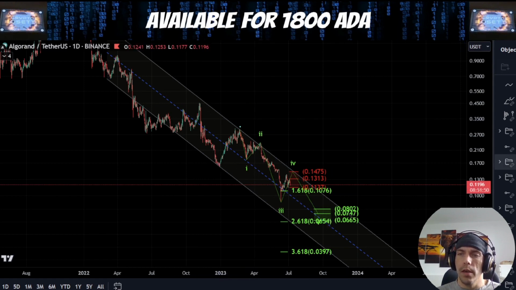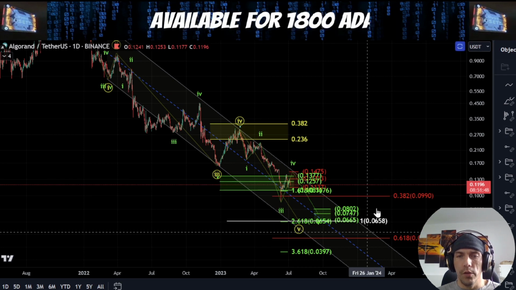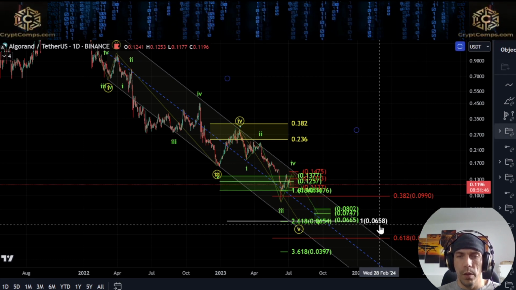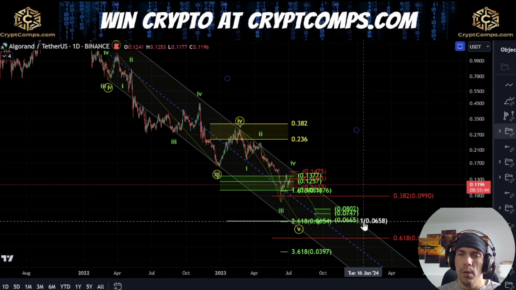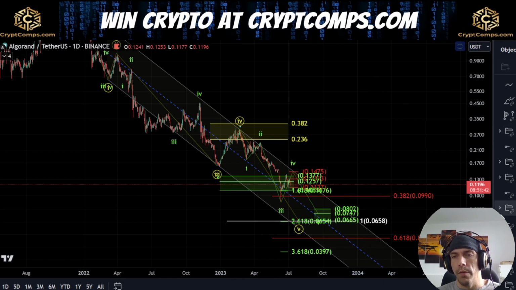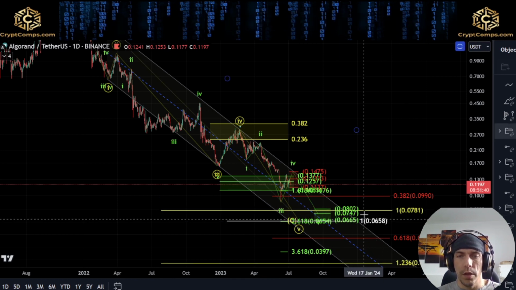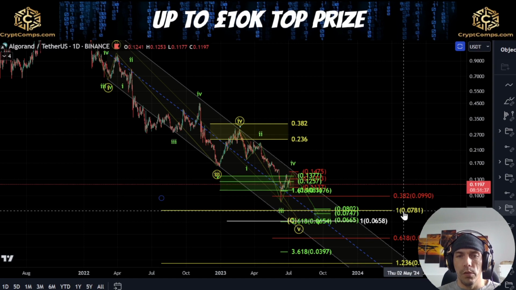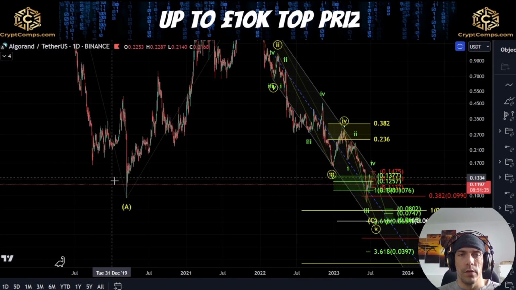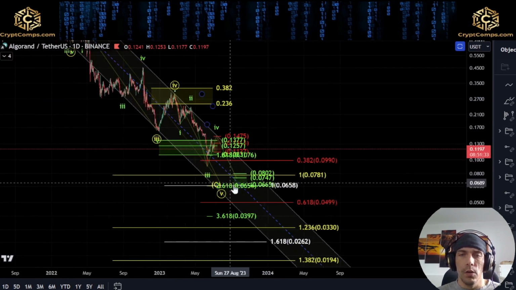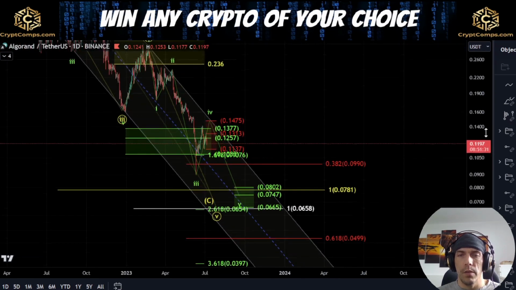What we could see here is that this would then look to push us down towards this 1-to-1 level. If we're looking at this as a 5-wave move, which would be here towards this 0658 region. This would also align with coming down lower here towards this 1-to-1 of this bigger move here, as this is an A, a B, and a C, looking for this zone of this 0781 region.